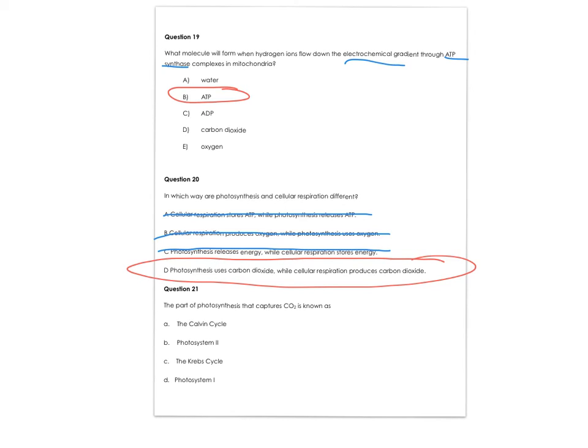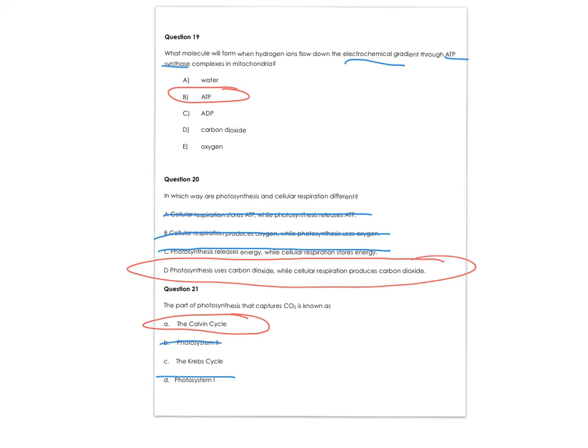The part of photosynthesis that captures CO2 is the Calvin cycle, and that's where Rubisco works. Photosystem 2 and photosystem 1 are releasing the electrons from water. They're breaking water up, producing oxygen, making NADPH, and making ATP, right?